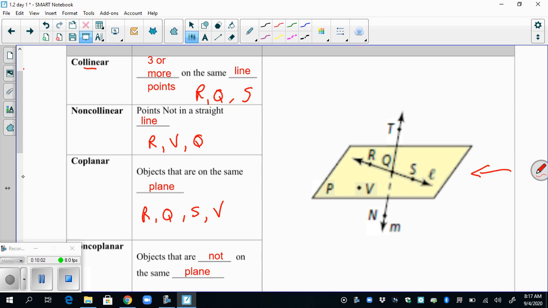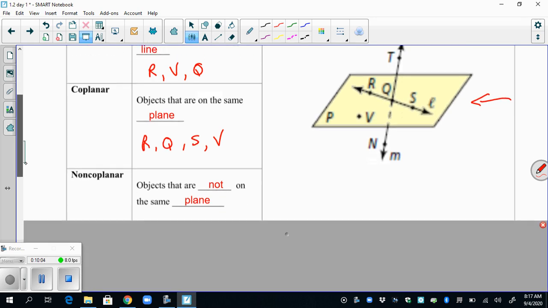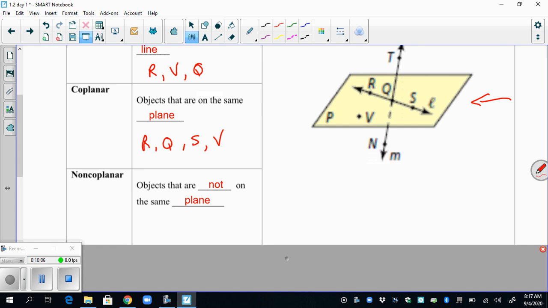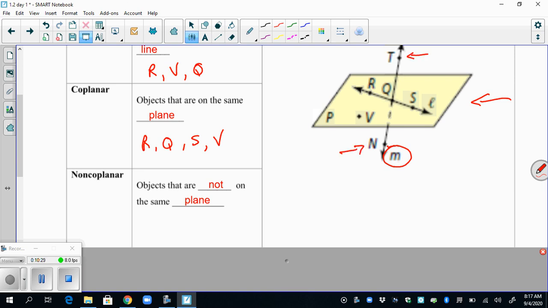Now, can I name some points that are not in the same plane as those points? Well, if this parallelogram is showing me a flat surface, a piece of paper, and this line M is going through the plane, that would be like a pencil going through the piece of paper. So it's not in the plane. So T is above the plane, N is below the plane.